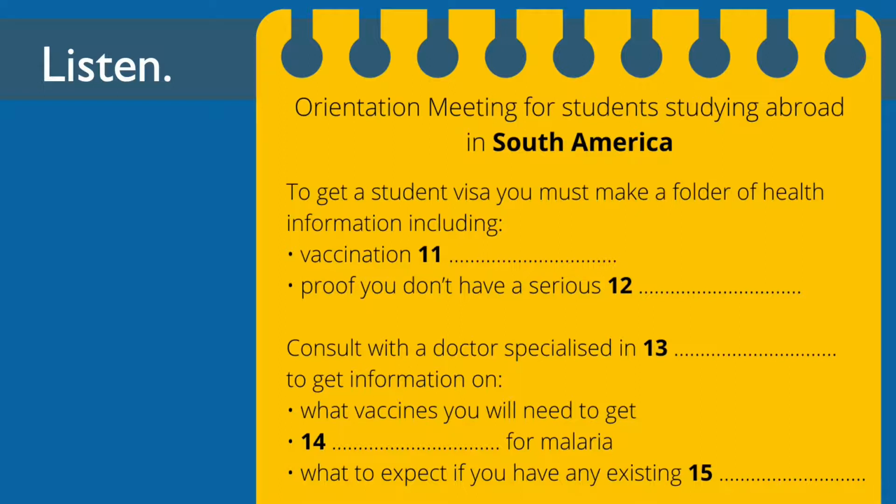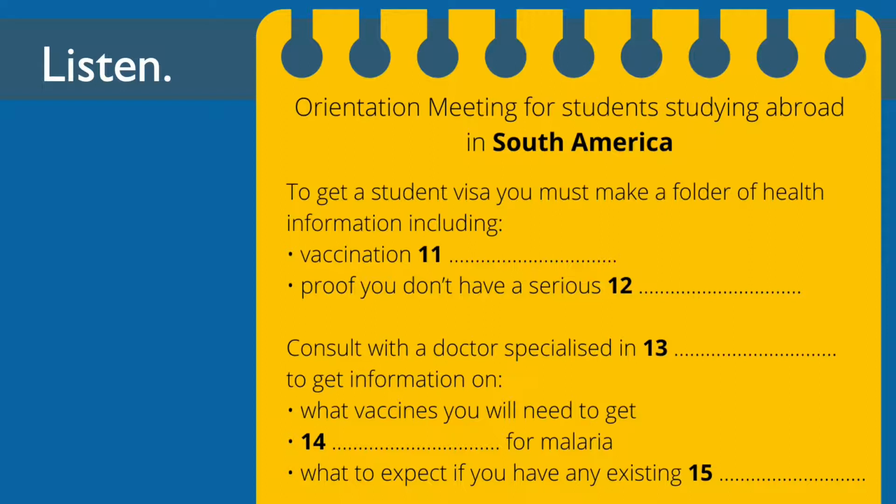All right, to begin, we're going to be talking about health, and specifically the procedures that you have to go through in order to get your student visas for your host country. For all of you, this will entail gathering a folder of health information, such as vaccination records and proof from your doctors that you're not suffering from any serious contagious diseases.